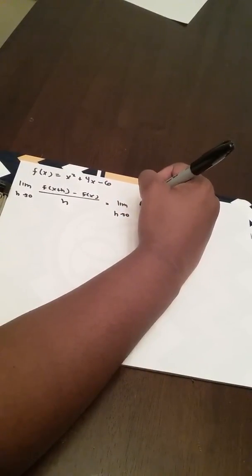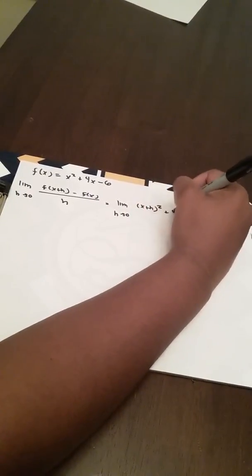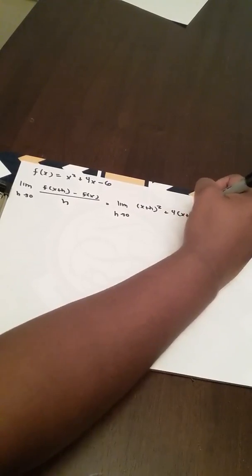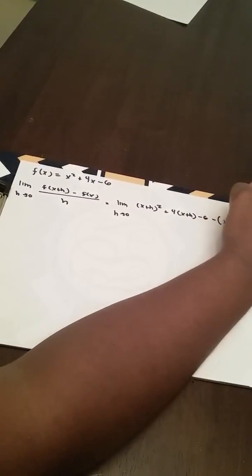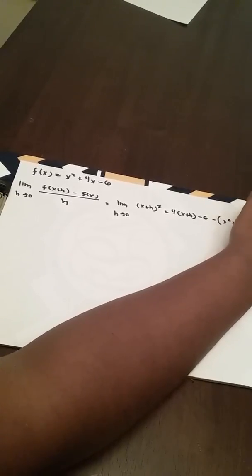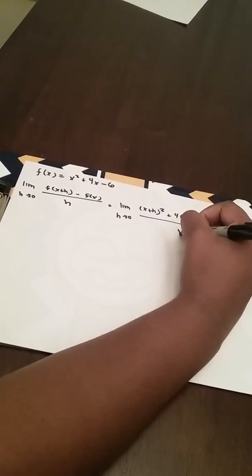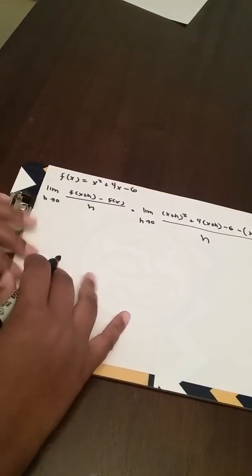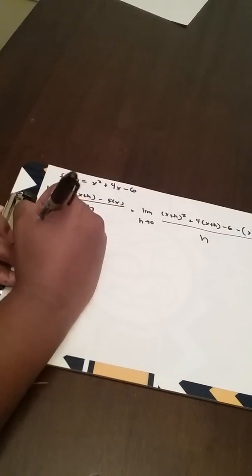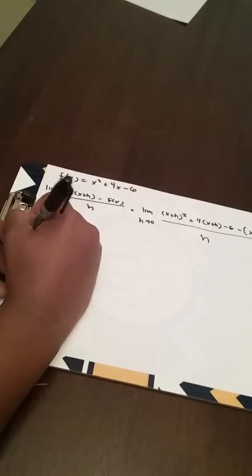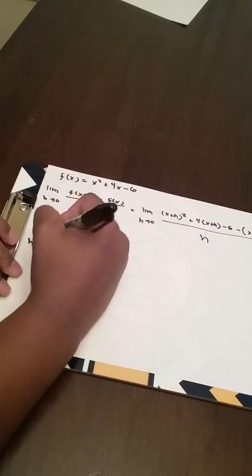So this equals the limit as h approaches 0 of x plus h squared plus 4 times x plus h minus 6. And that's going to be minus x squared plus 4x minus 6. All of that is over h. And so we're going to keep going. We're going to solve and try to get rid of our h on the bottom, on our denominator.